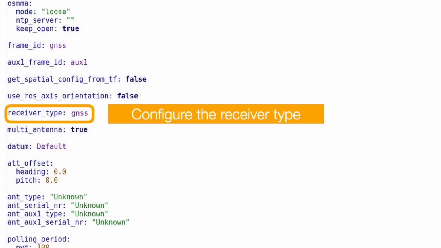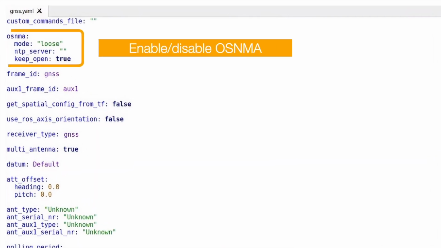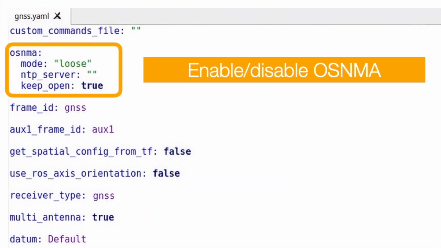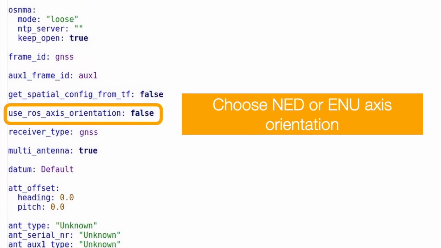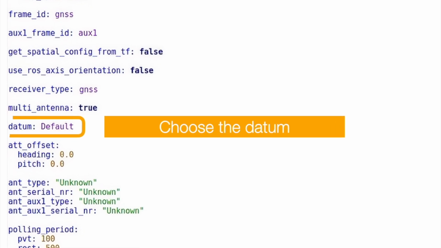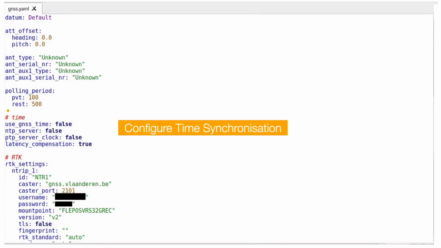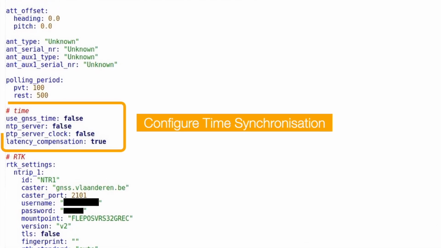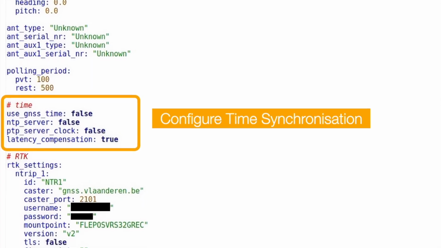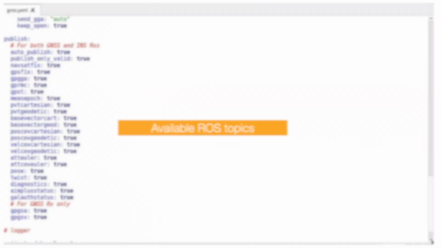In the YAML file, it is also possible to configure the receiver type, enable or disable OSNMA authentication, choose between north-east-down and east-north-up for the axis orientation, choose the datum, specify the frame IDs for various sensors, and finally, configure time synchronization, allowing the possibility of using either GNSS time or ROS system time, along with latency compensation and adjustment for leap seconds.